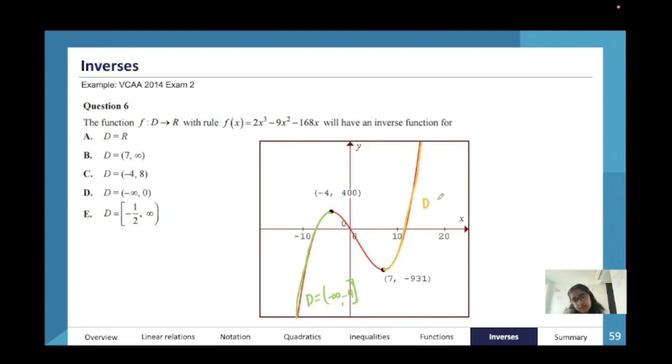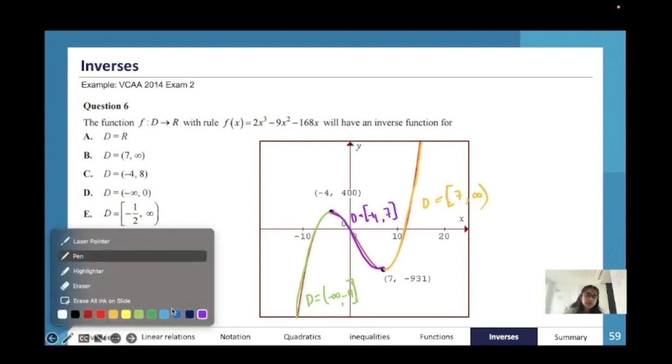So here d equals 7 included to infinity. Again, it's a 1-to-1 function. And lastly, you can have this middle part. Here, d equals negative 4 to 7 included, and that's it.